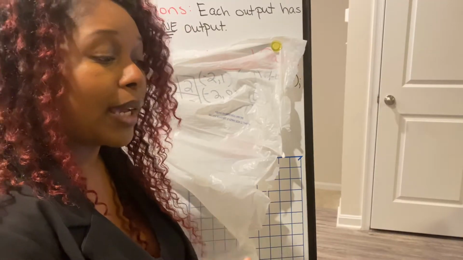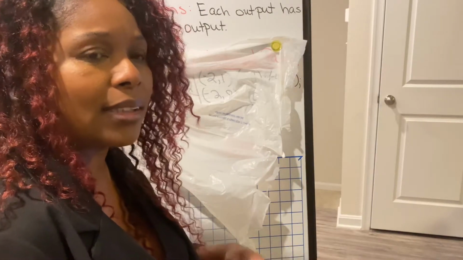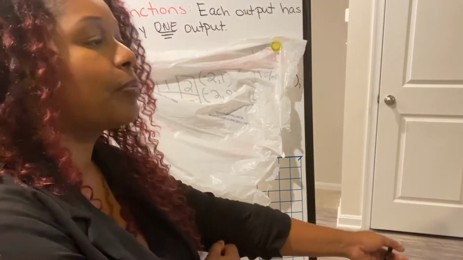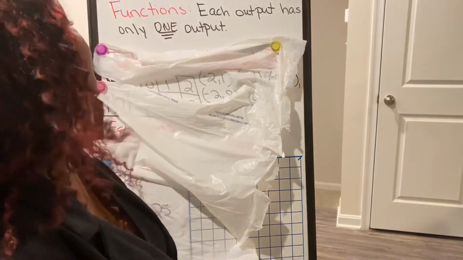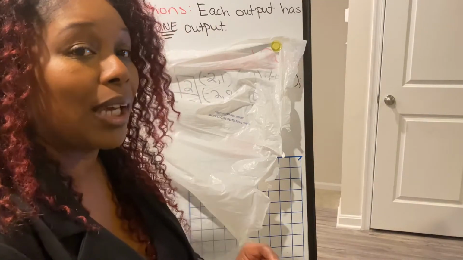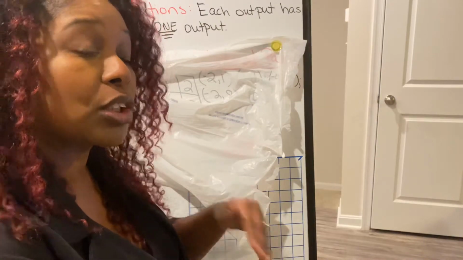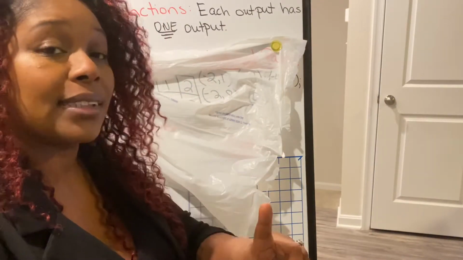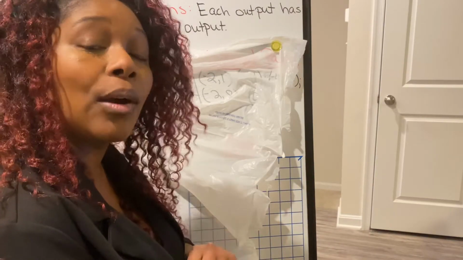So go back to how we said, well, what if I had different outputs? Can you have different outputs? Well, you can have a different output, but each input can only have one output. So we're going to look at that in a second. But just remember, my X value is my input and my Y value is my output.